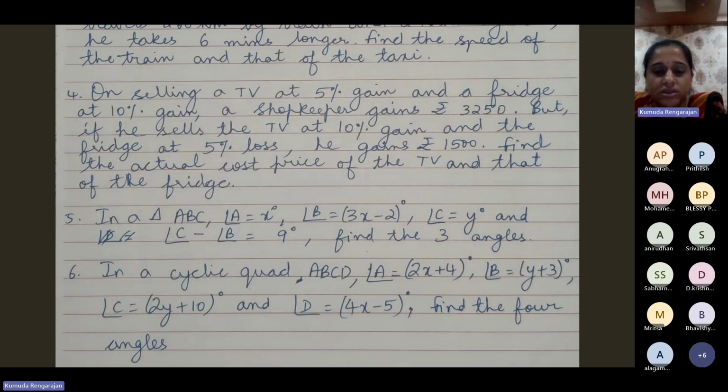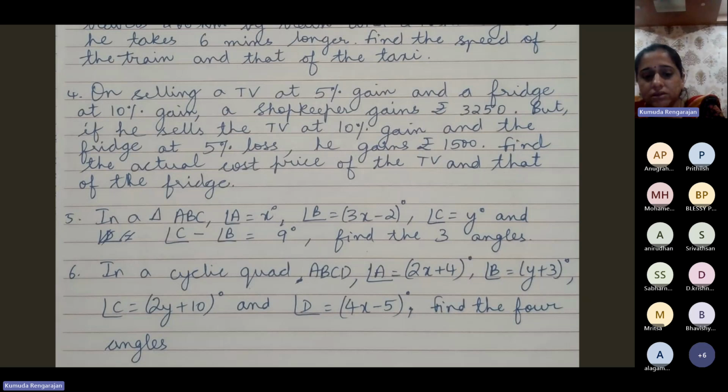How will you construct the equations? Tell me children, sixth one, how will you construct the equations?